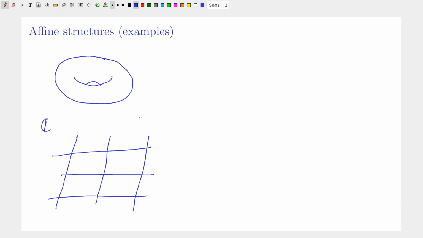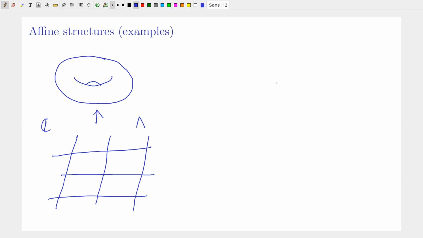You are acting by translations on the complex line, and the quotient is this torus. So the quotient is naturally endowed with an affine structure, because we are acting by translations, which are particular instances of affine transformations. So this gives some examples.